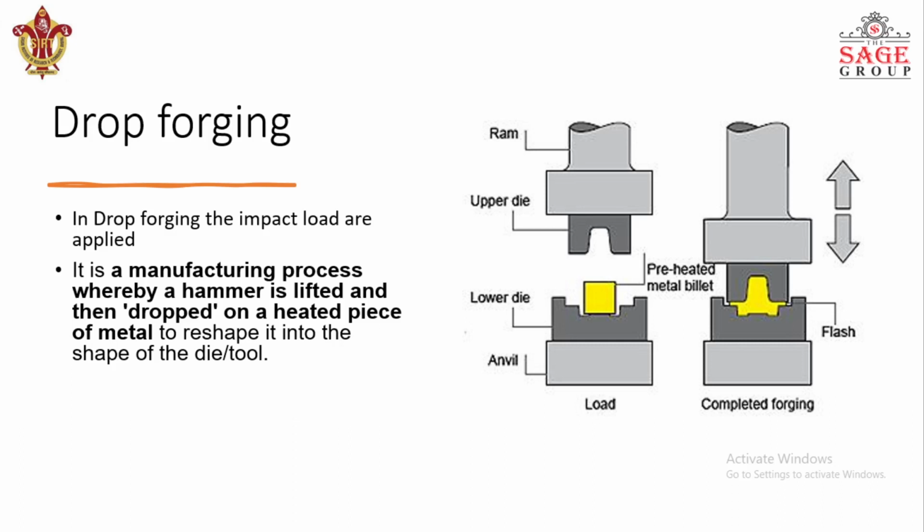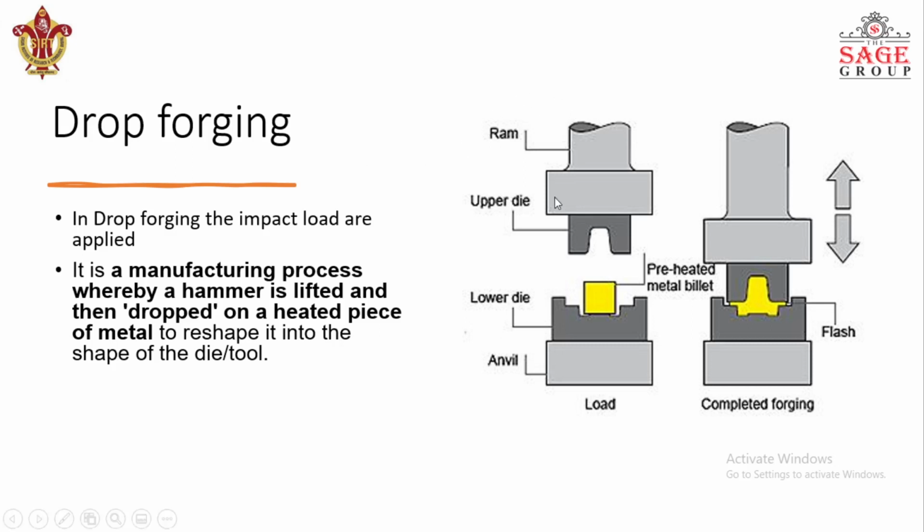The second point is regarding that only. It is a manufacturing process whereby a hammer or a die slash is lifted and then dropped on a heated piece of metal to reshape it into the shape of the die or a tool.